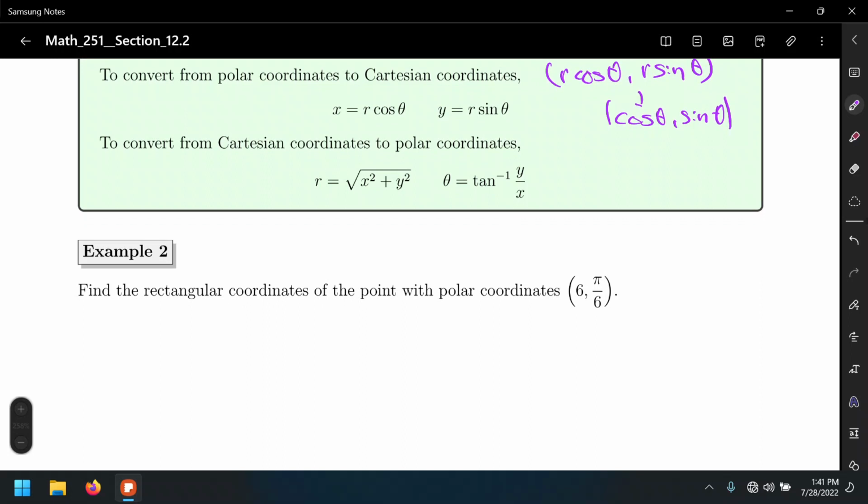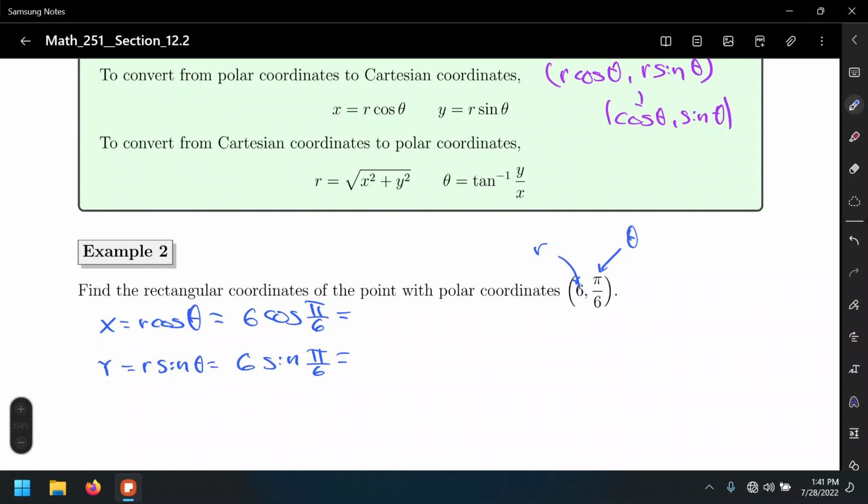All you need to identify here is what r is and what theta is. Recall that the first number is the radius, and the second number is the angle theta. x equals r cos theta and y equals r sine theta, where r equals 6: 6 cosine pi over 6 and 6 sine pi over 6.